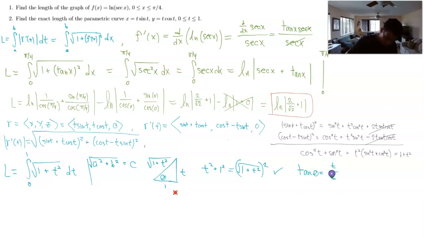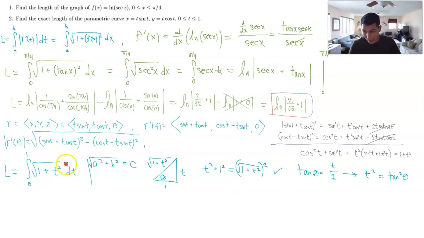Okay, what does that mean? Well, we could solve for t, but actually we don't really need to because it's already there. But let's see what happens if we square t. If we square t, then we get tangent squared theta. And we have a t squared here, so then we have 1 plus tangent squared theta.